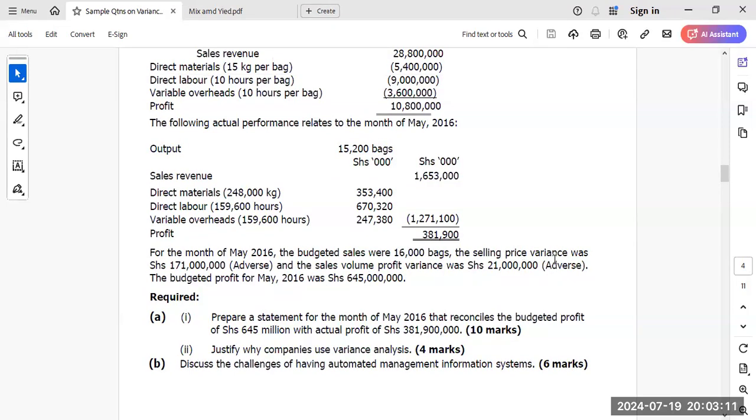The selling price variance, which they have given you, is adverse, and they are telling you that the sales volume profit variance is this adverse.